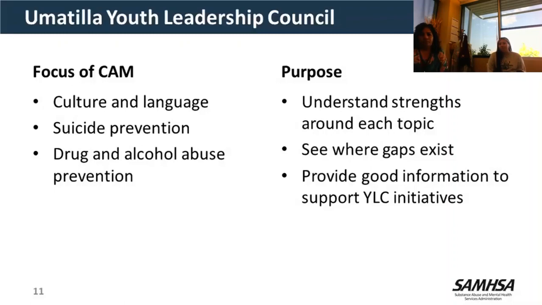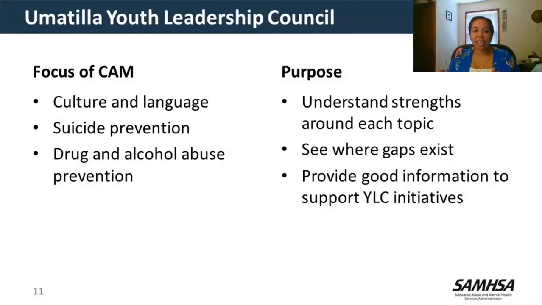Great, thank you. These were the topics that they felt were really important, and the group decided to narrow down on. Like Lindsay said, they broke up into groups based on what they wanted to focus on.